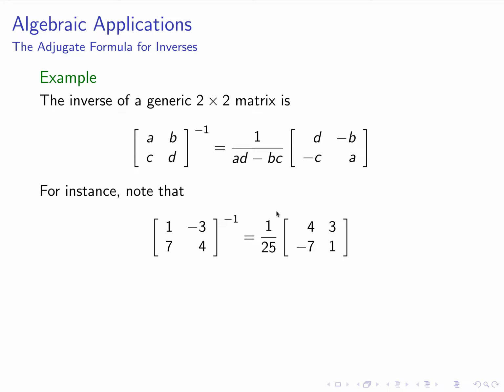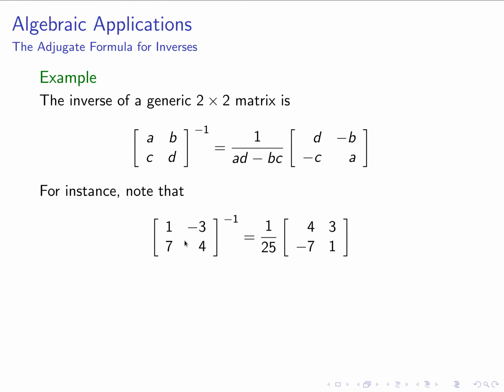So in this example, what we're looking at is a 2 by 2 matrix whose rows are 1, negative 3, 7, 4. The determinant of this matrix should be 4 minus a negative 21, so plus 21. So this matrix has determinant 25. 25 is not 0, which tells us this matrix is invertible.